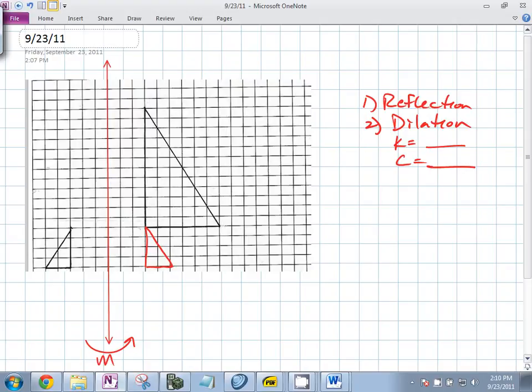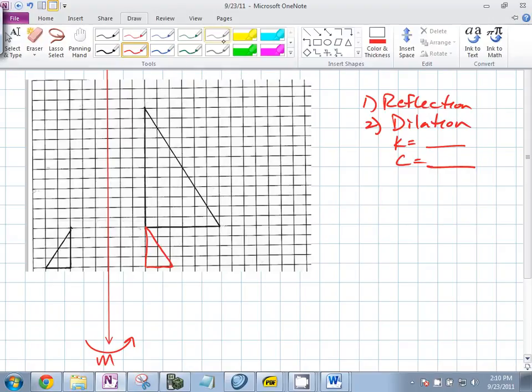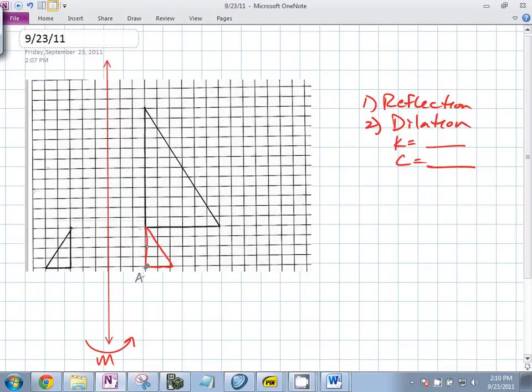So did you play around with this a little bit? Did anybody play around with this? What do you think the scale factor needs to be? Around 3. It looks like it's around 3. How did you get 3 as a scale factor? Because the bottom. Yeah, let me give you some coordinates. I'm sorry, it's hard to talk about this right here. Let's call that A prime. We'll call that B prime and C prime.